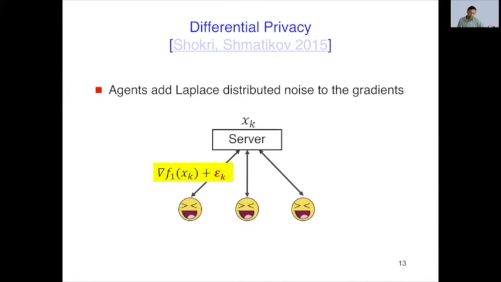So to achieve privacy, algorithms have been proposed to modify this server-based optimization algorithm by adding some noise to the gradients that are being supplied to the server. And the purpose basically is to, in effect, hide the cost function of agent 1 or agent 2, agent 3 from the server.